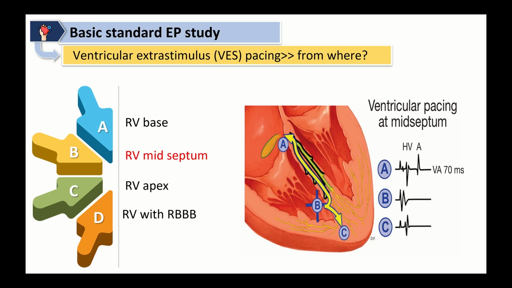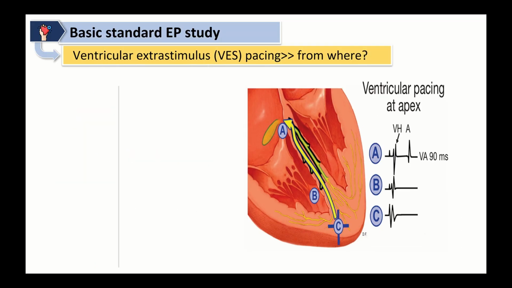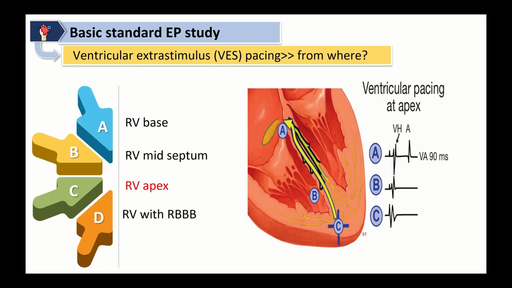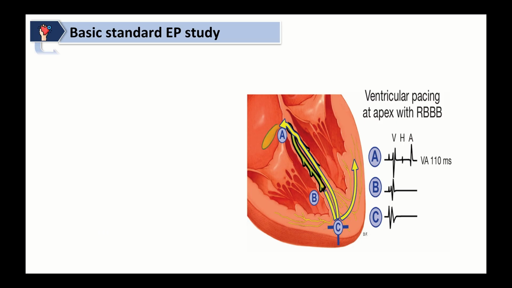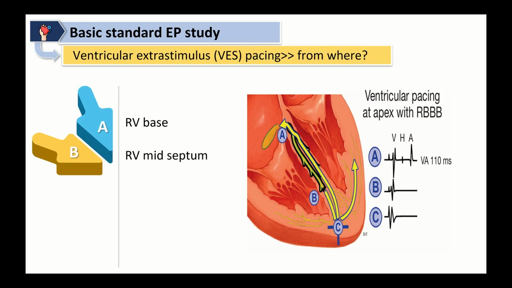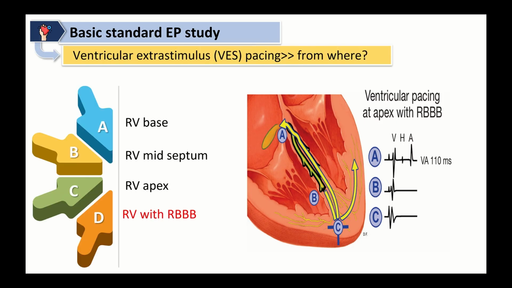because we are very close to the His-Purkinje system. Also, if we pace from the RV apex, we can find the VA time is short, 90 milliseconds. But in the last example, we can appreciate a surprise: when we pace from the RV apex, we found there is evidence of right bundle branch block.